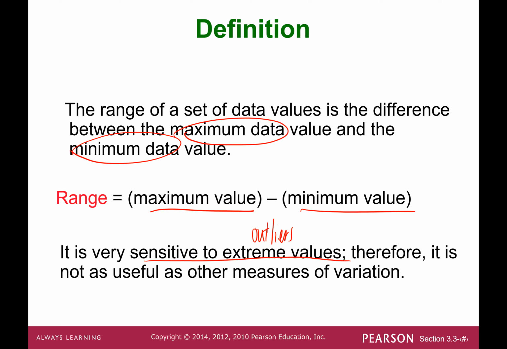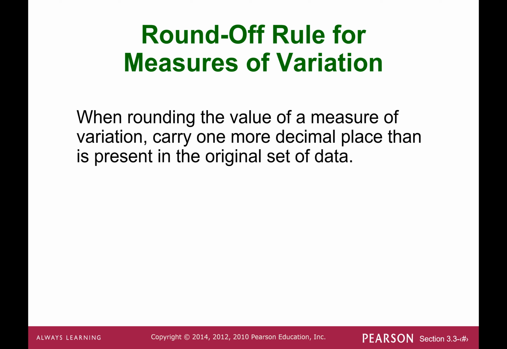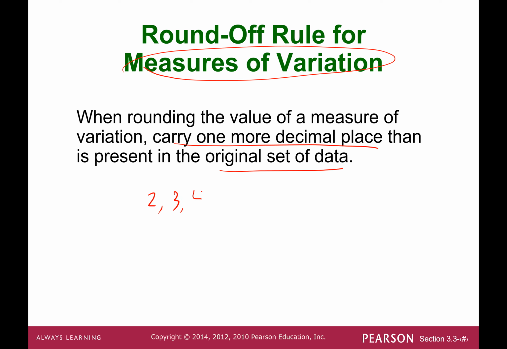So it's not very useful to use the range to measure the variation of a data set. The rounding rule for measures of variation is that we typically carry one more decimal place than the original data set. So if the original data set is presented as whole numbers, then the standard deviation or variance should be rounded to one decimal place.